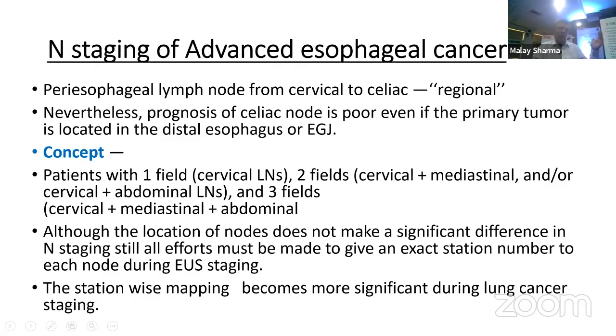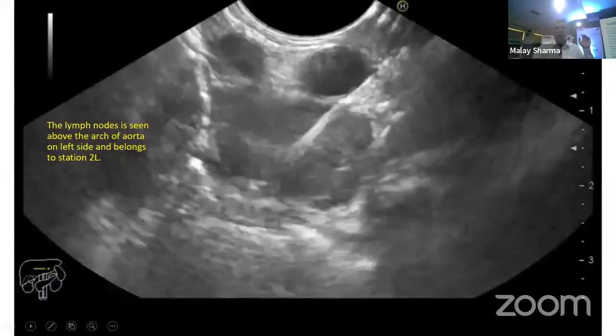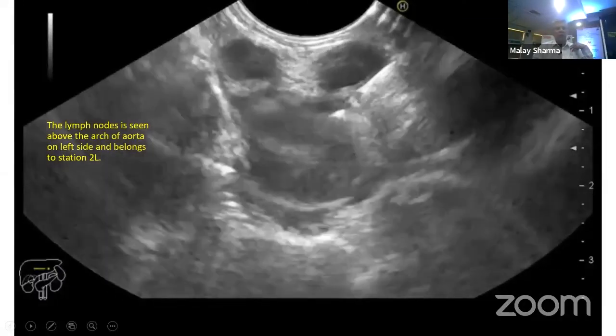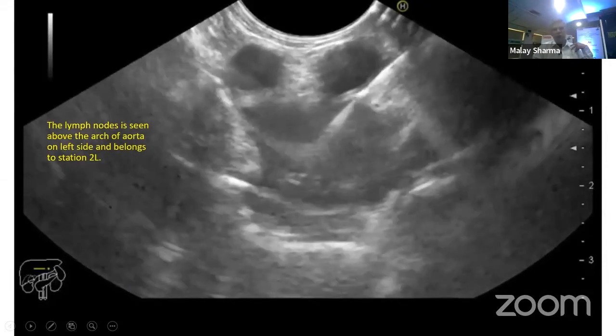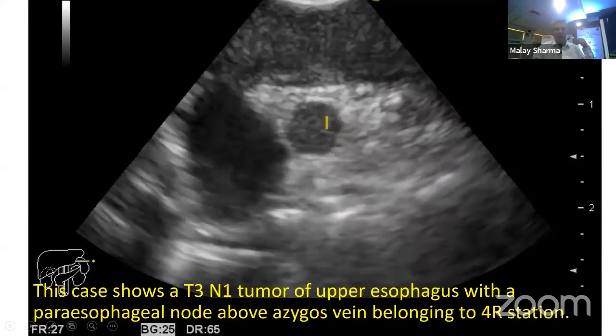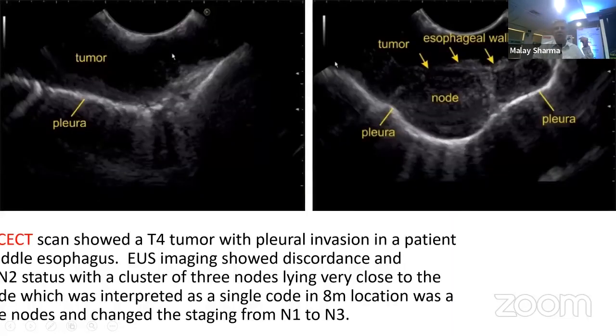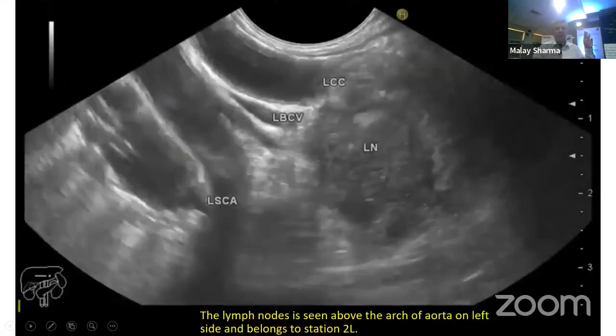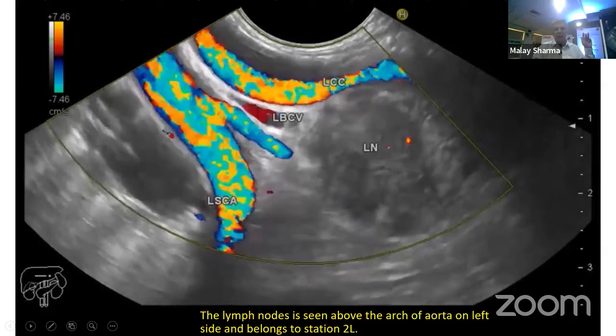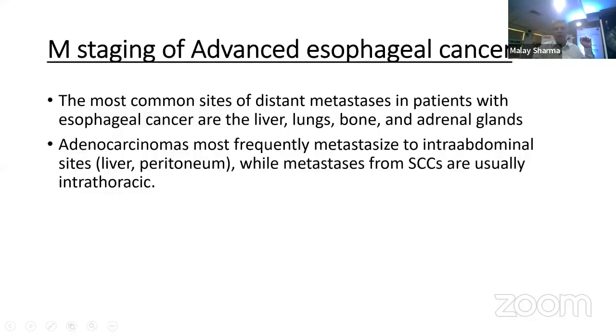But as I said, the field concept is not important, but nevertheless it is important to know this lymph node is above the arch of aorta, belongs to station 2, and this lymph node in a T3N1 tumor, paraesophageal lymph node, 4R station. These are again T4 tumors with pleural invasion as well as presence of node clusters, 3 nodes lying in different clusters. And this lymph node is above the arch of aorta on left side, belonging to station 10.